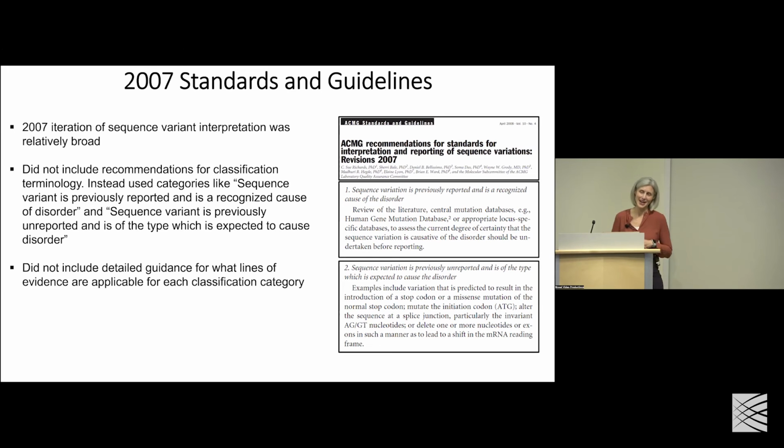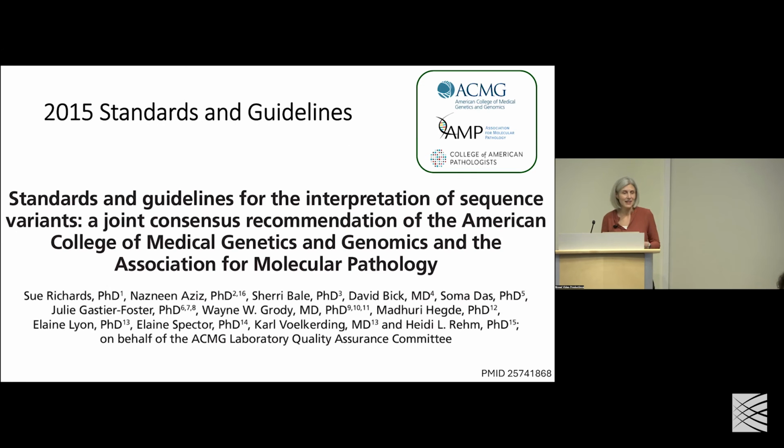It was the wild, wild west back then. There wasn't any standardized terminology about how to classify variants. Those guidelines were essentially what was available at the time: you should check to make sure your variant is in another database before you report it. They didn't really tell you how to integrate that information and how to classify based on it.